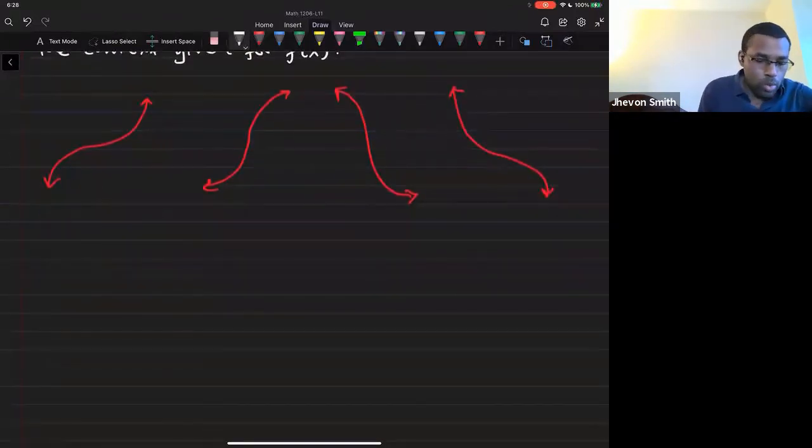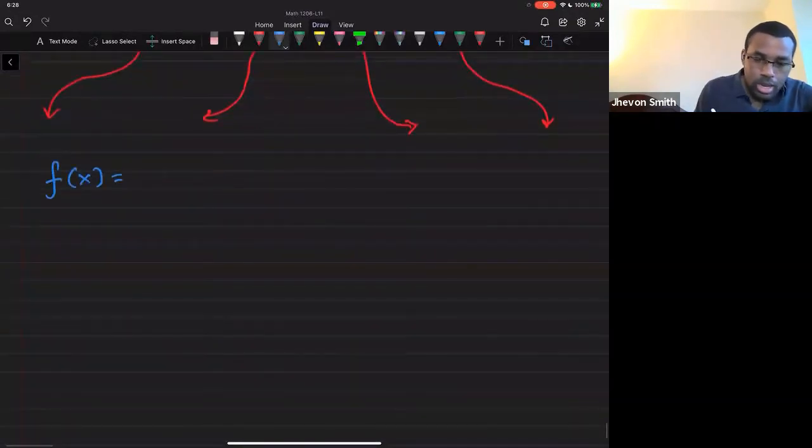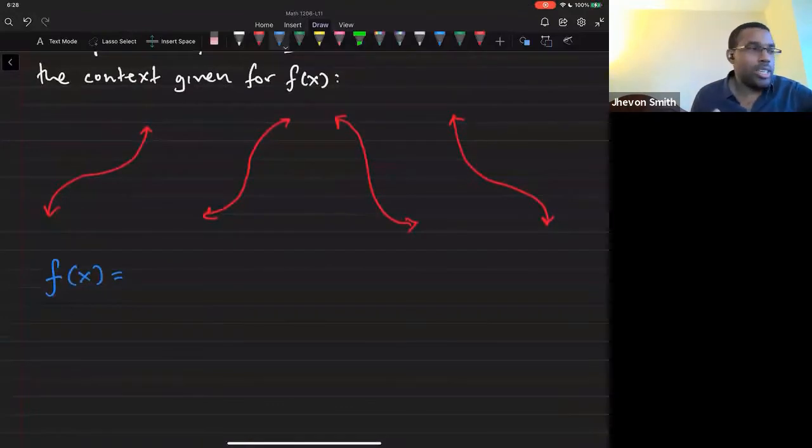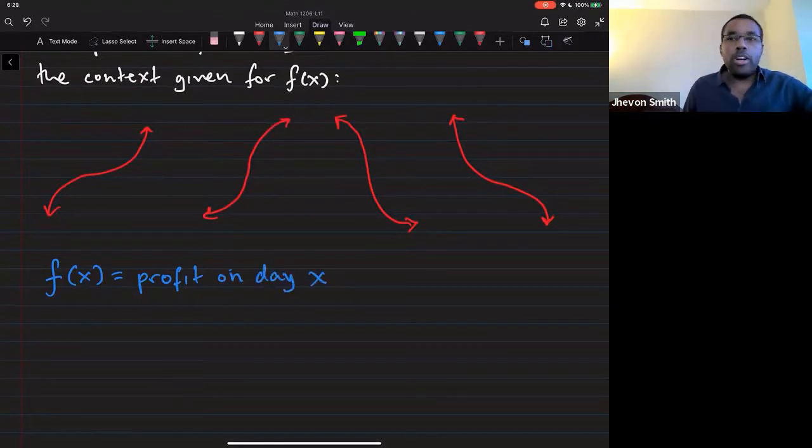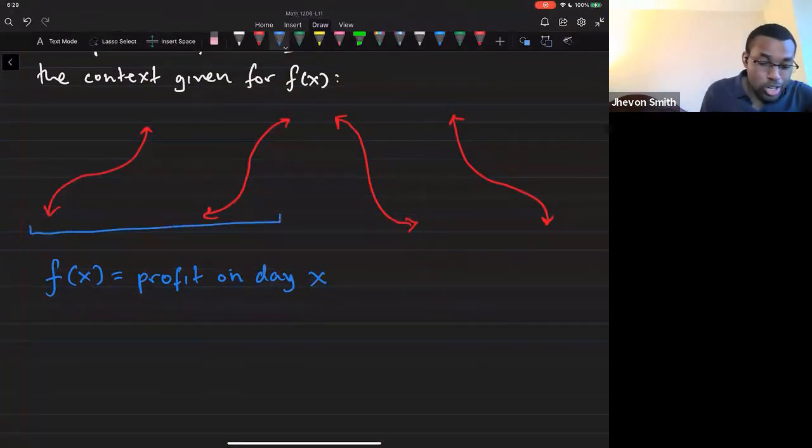So let's do in blue, f of x equals, so here's one interpretation. F of x equals our profit on day x, right? Now, if you look at this function as graphing your profits, you'd realize that in that case, these two are good, right?